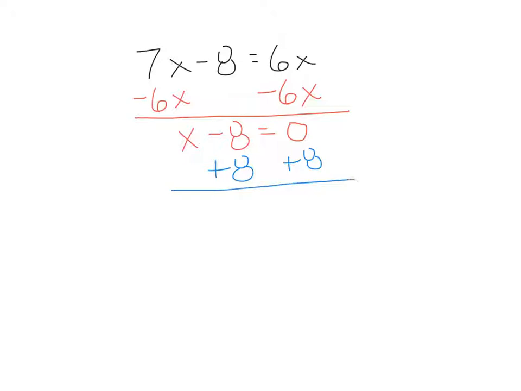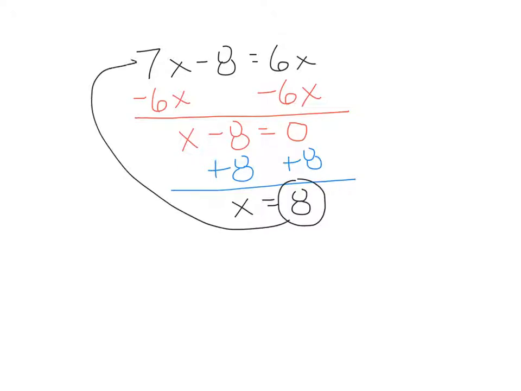If I add 8 to both sides and then simplify, on the left-hand side, I am just left with my x, and on the right-hand side, I'm left with 8. If I go through and check by putting an 8 into the x in both of those terms, I'm going to have 7 times 8, subtract 8, has to equal 6 times 8.